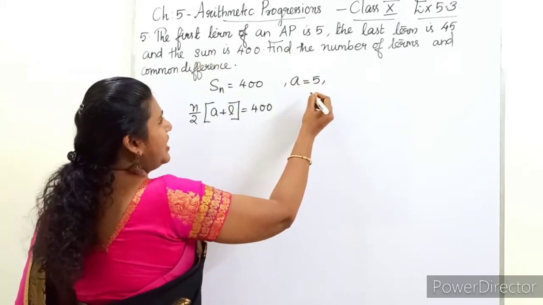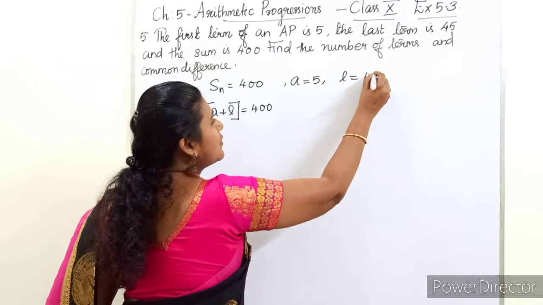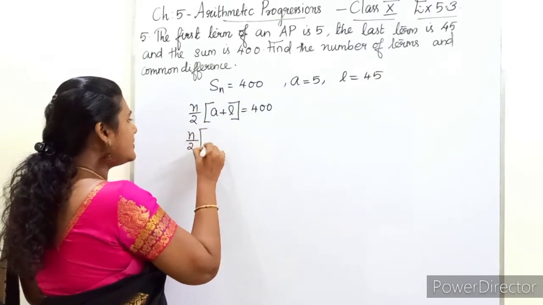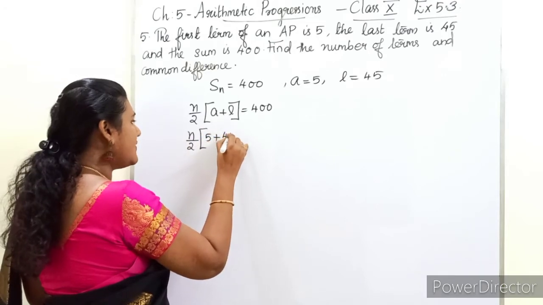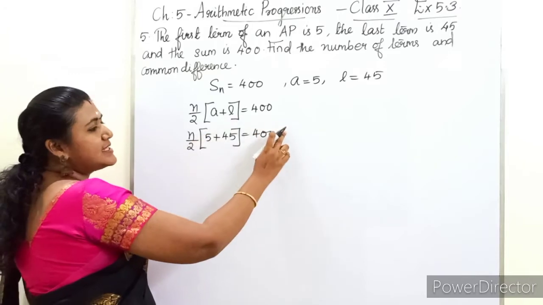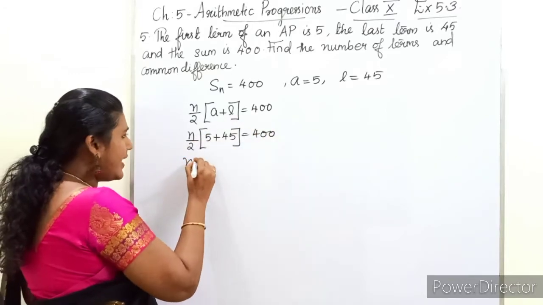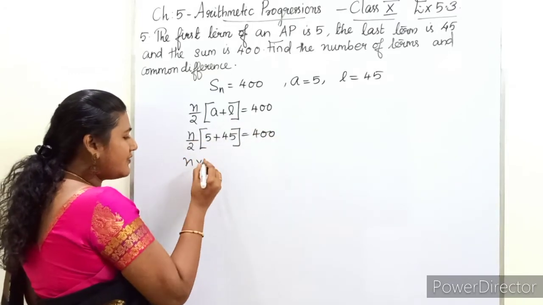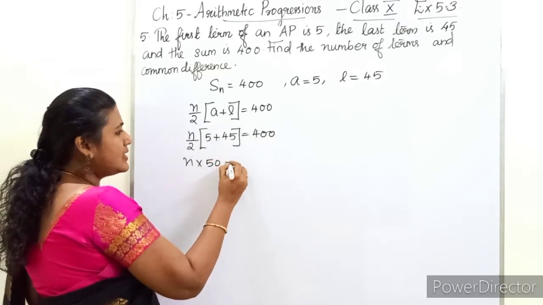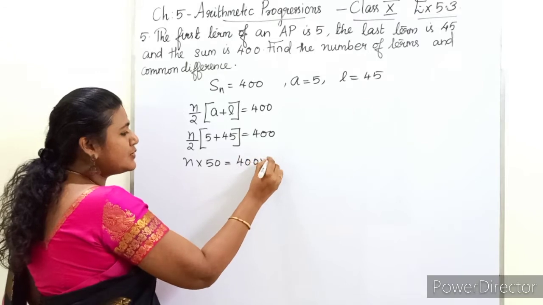First term is 5 and L value is equal to 45. So in this formula we will substitute the values: n by 2 into (5 plus 45) is equal to 400. Now we will take this 2 to the right side. So n into (5 plus 45, which is 50) equals 400 into 2.